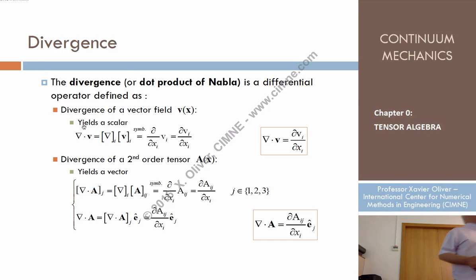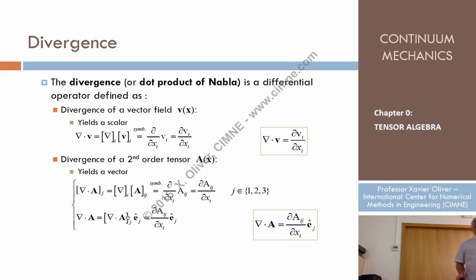So the name that we give to a mute index can be any. We can call it m, b, c, l, whatever, because it doesn't pass to the other side. It doesn't affect the result. Of course, that j matters because it's the free index. So this has to be fulfilled for j equal 1, j equal 2, j equal 3.